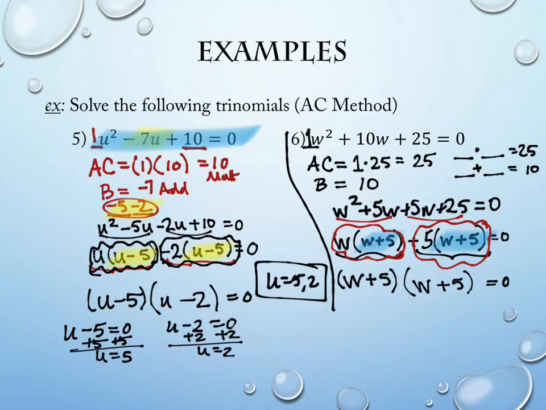This is what I was talking about earlier on, that sometimes the factors will actually match. So I can write them both down if you wish, right? w plus 5 equals 0 and w plus 5 equals 0. You don't really need to write them down twice, but if you want to, you could. Of course, they will both solve in exactly the same way.